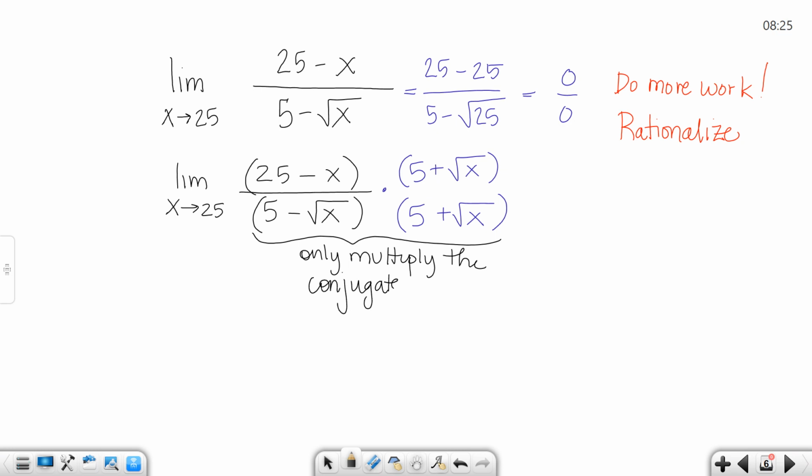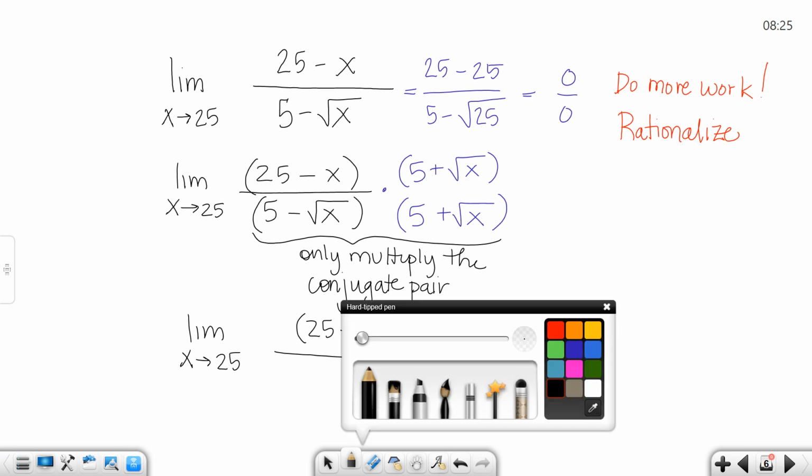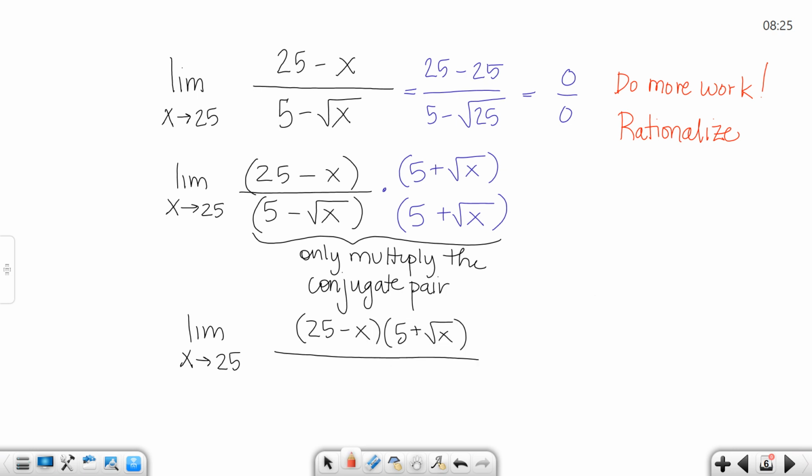Okay, so I'm going to take the limit as x goes to 25. The top part I'm just going to leave in its factored position. The bottom part I am going to FOIL out, just basic old FOIL back from algebra days.